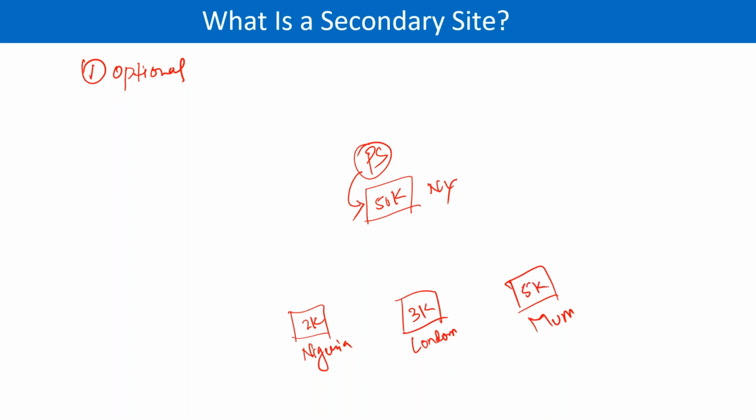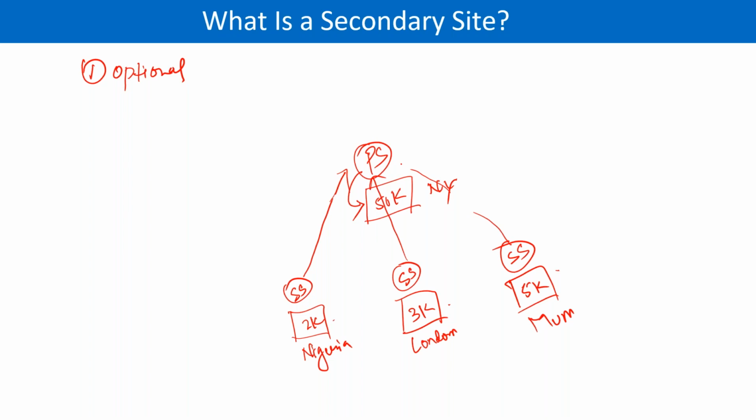How many devices are outside? 2 plus 3 plus 5, 10,000 machines are outside. So in order to manage the devices in remote locations, we will install a secondary site in each region. Nigeria will have a separate secondary site, London will have a separate secondary site, and Mumbai will have a separate secondary site. These secondaries will report back to the New York primary site.